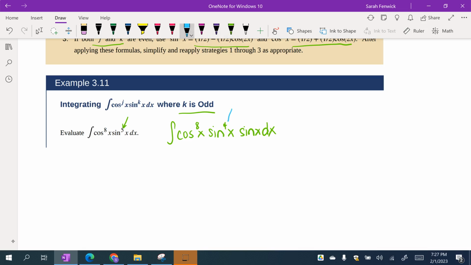Because this is an even power, I can use the Pythagorean identity. We're going to write this again, cosine to the 8th x of sine squared x squared sine x dx.